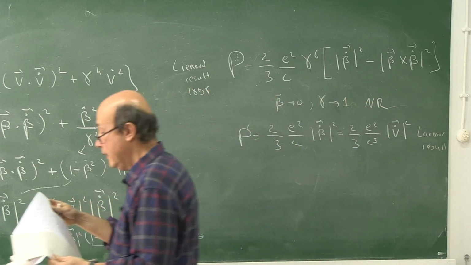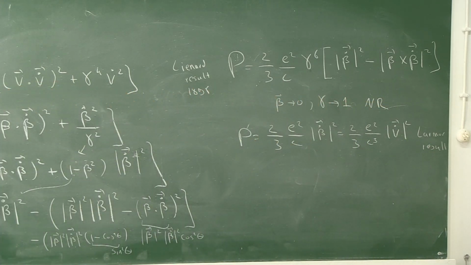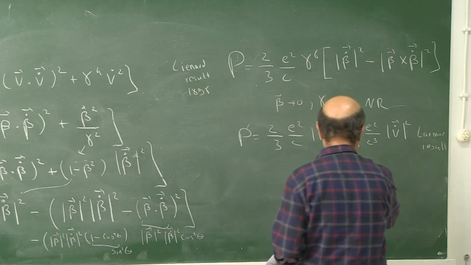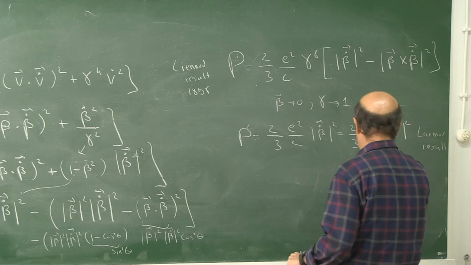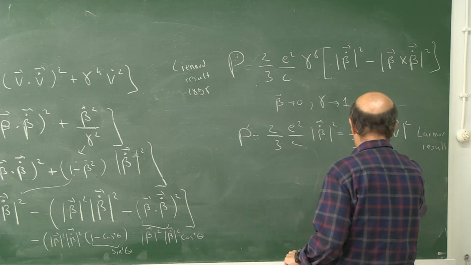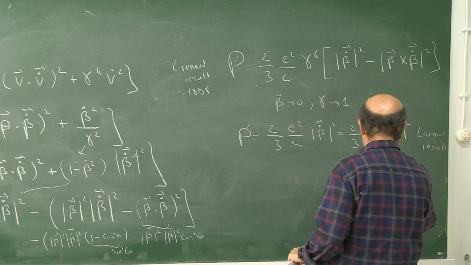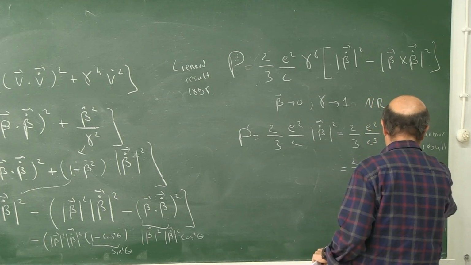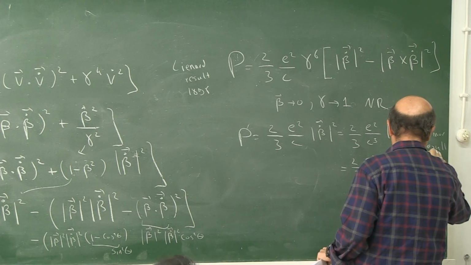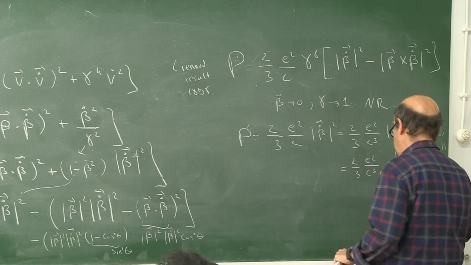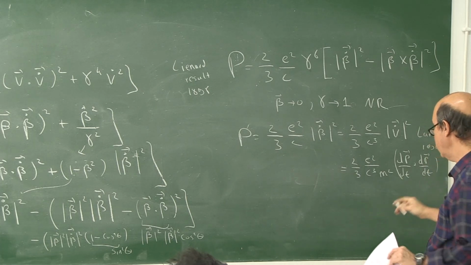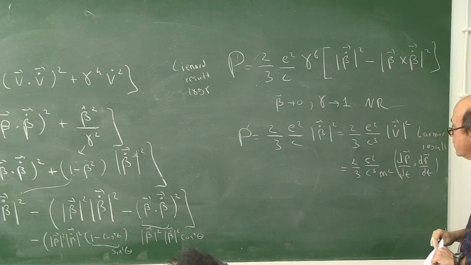Now, the results are related here. The Larmor result, we said that it could be written as 2 over 3 E square over C cube M square and dP over dt dot dP over dt. This is the applied force, and the power is related with the square of the applied force.